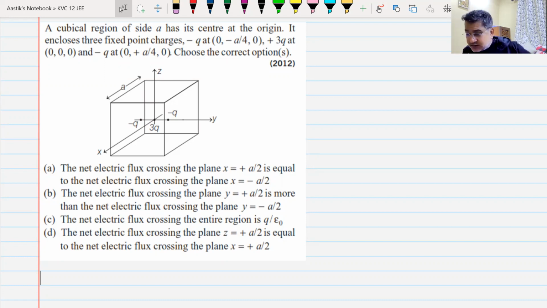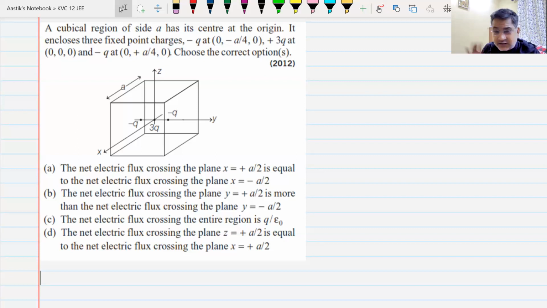Remember, the center is at the origin. 3q is placed at the center, and one minus q is placed at minus a by 4, and the other at plus a by 4. Remember, it's all about symmetry.